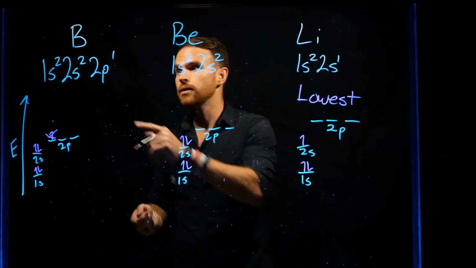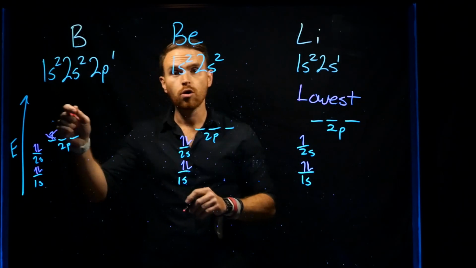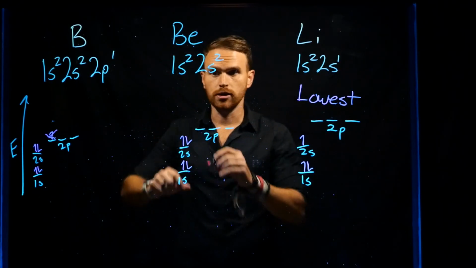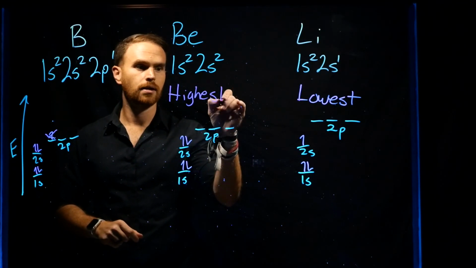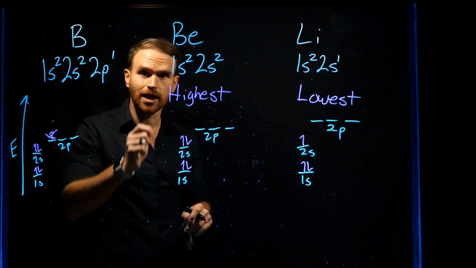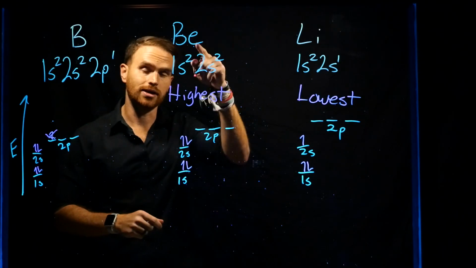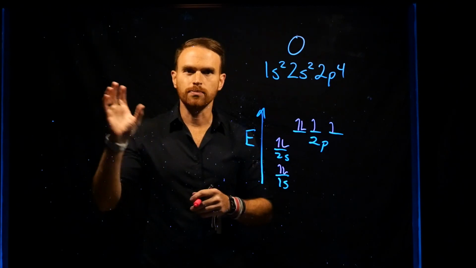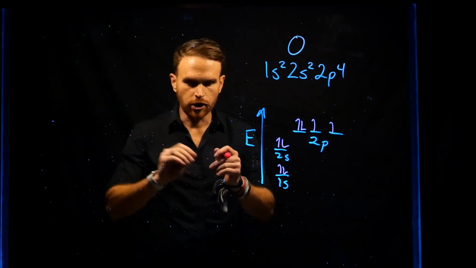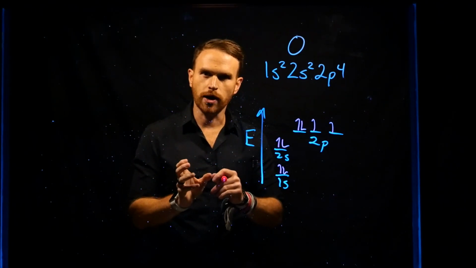Because of that, boron is going to be lower in energy than beryllium. So therefore, the highest ionization energy, meaning the most energy required to remove an electron, is going to come from beryllium.